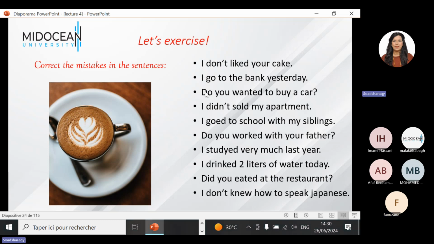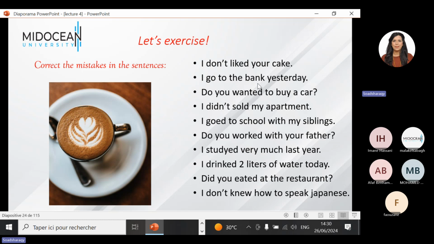Simple past of go is what? I went. Okay. Simple past of the verb to go here is went, W-E-N-T. So "I went to the bank yesterday."